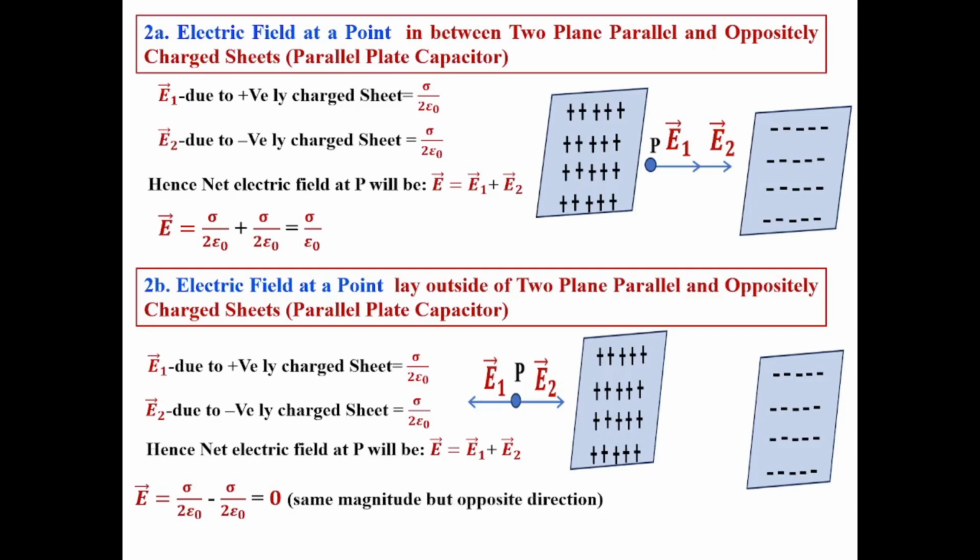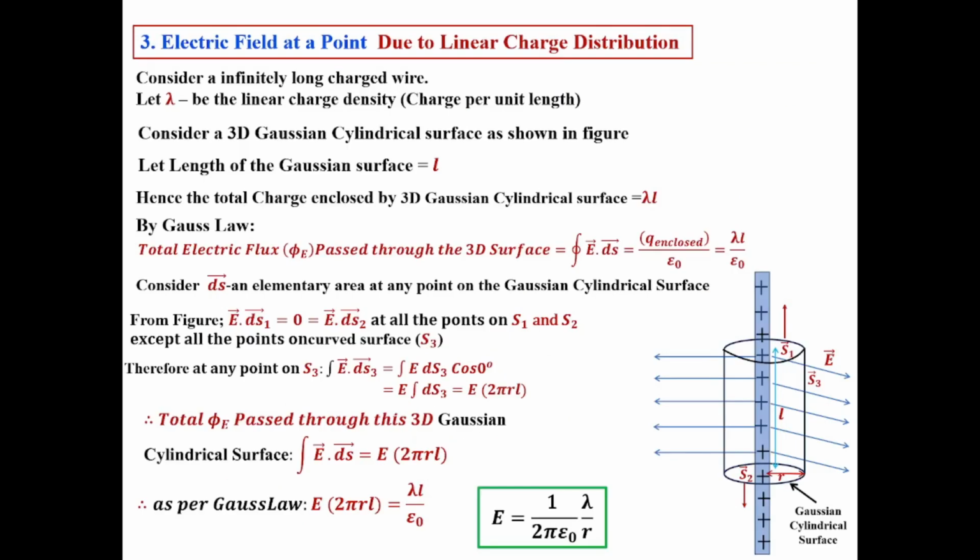Okay. So our next application of Gauss law is the electric field intensity at any point due to a linear charge distribution. For that we consider an infinitely long wire which is charged by positive charges. That means positive charge is uniformly distributed on this infinitely long wire.